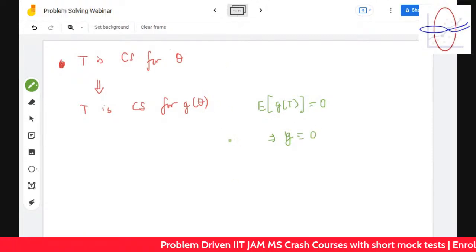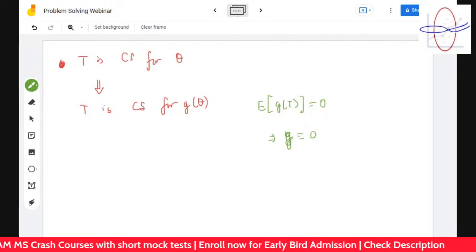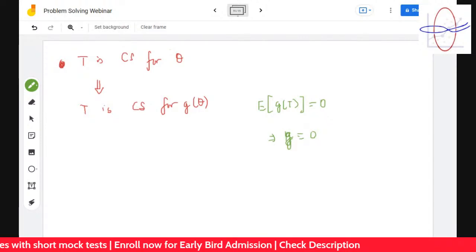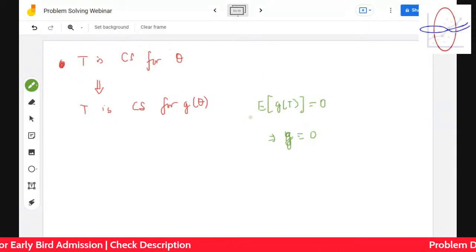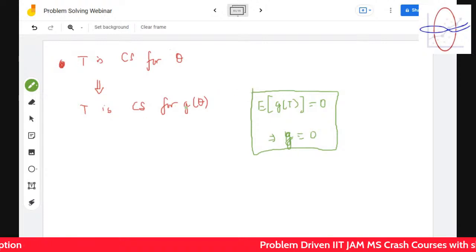Tell me. Actually hardly any dependence on theta, so of course it is complete for g theta.